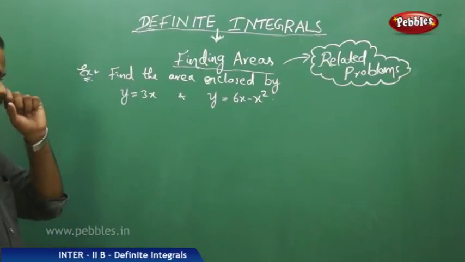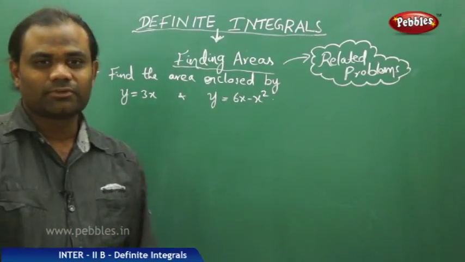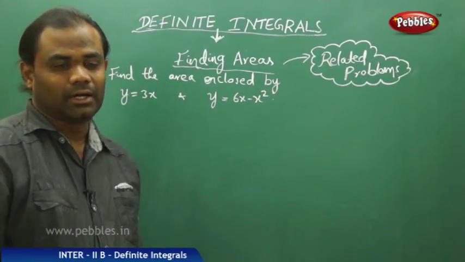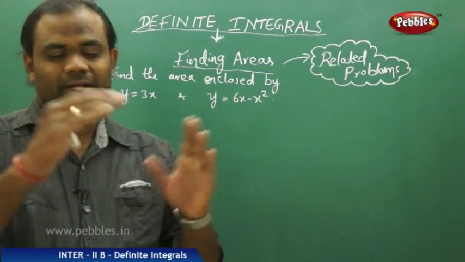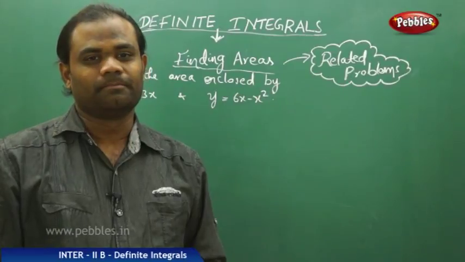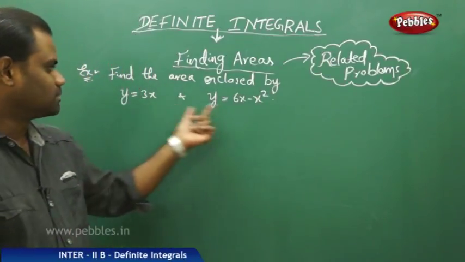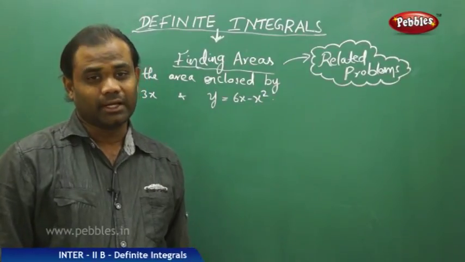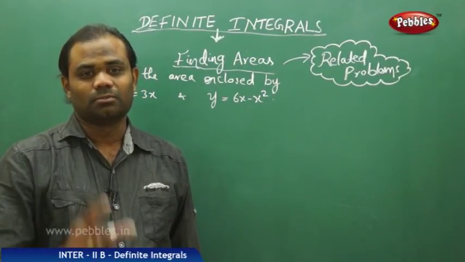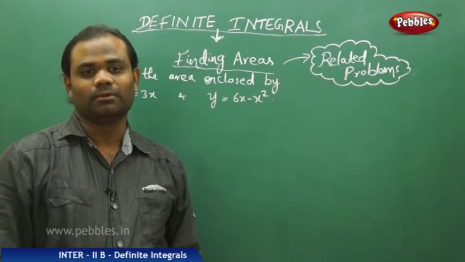x squared. Now, the questions given in this session are related to finding areas, but we don't have the exact diagrams given in the xy coordinate system. Therefore, we try to sketch the given curves on the xy coordinate system, and hence the graphing concept is more important in doing these kinds of problems.